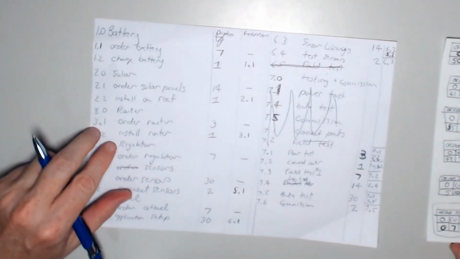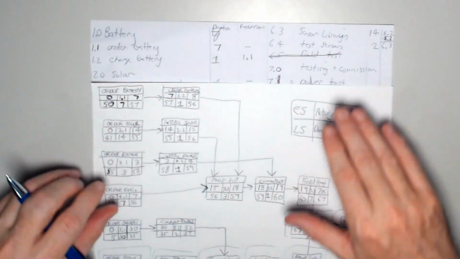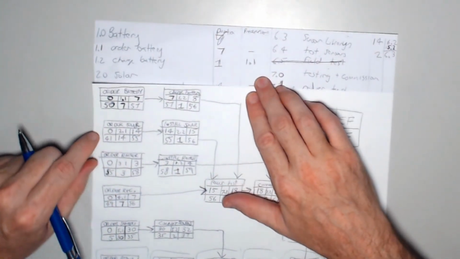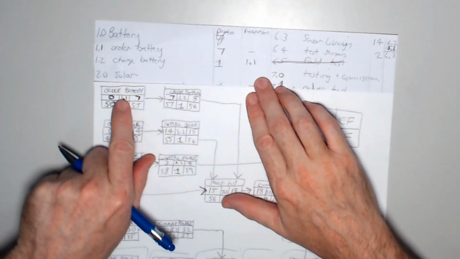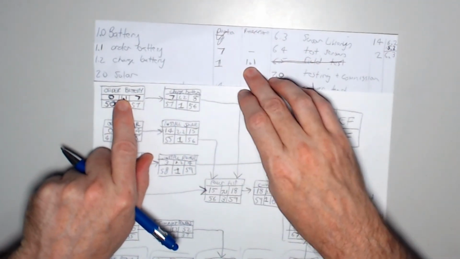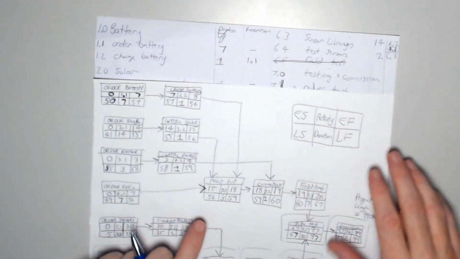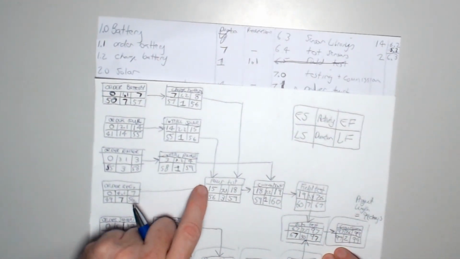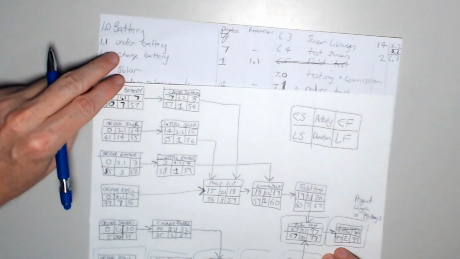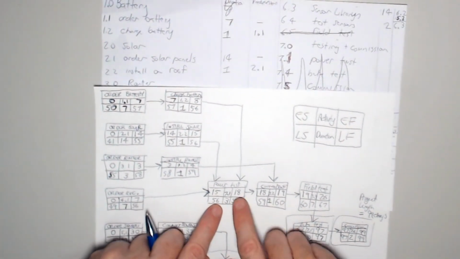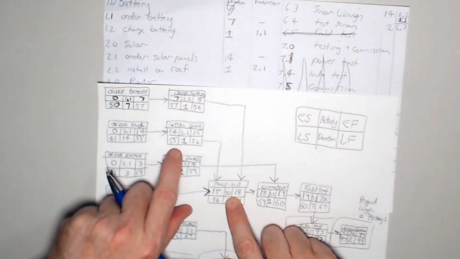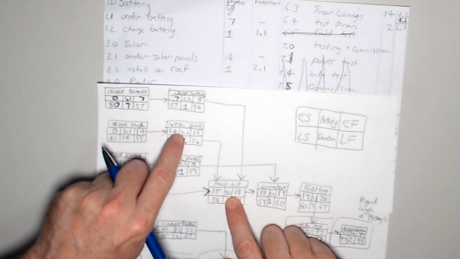So if I bring this over here, if you look at, say, charge battery, its predecessor is 1.1. So I put 1.1 in there. Let's do a more complicated one. So let's look at this power test. It's got 3 going in. It's got 3 predecessors. So its predecessors are 4.1, 1.2, and 2.2.